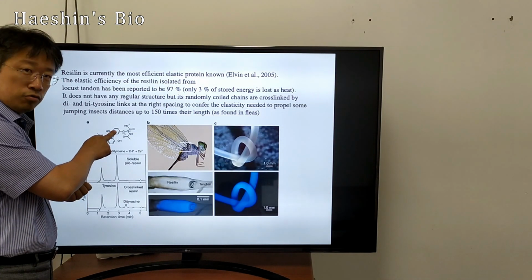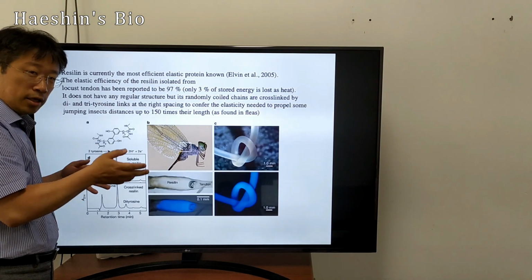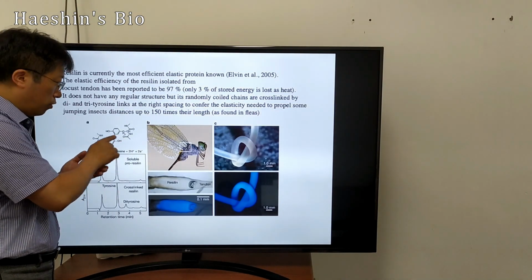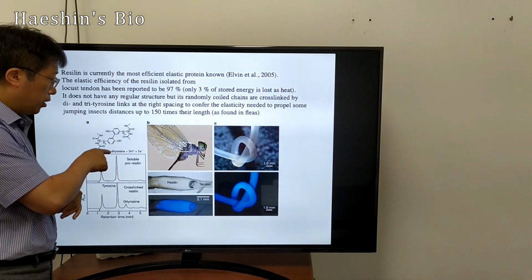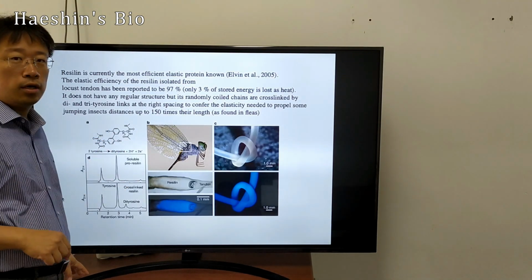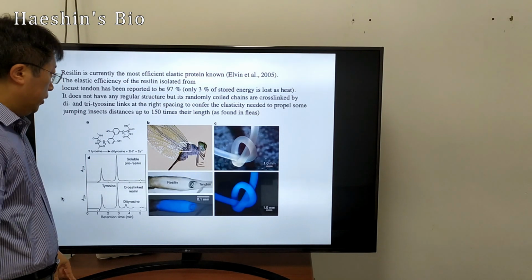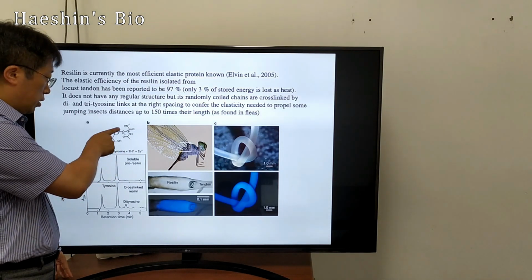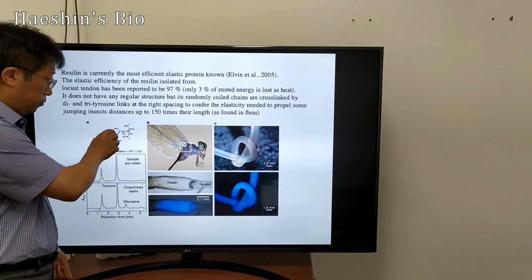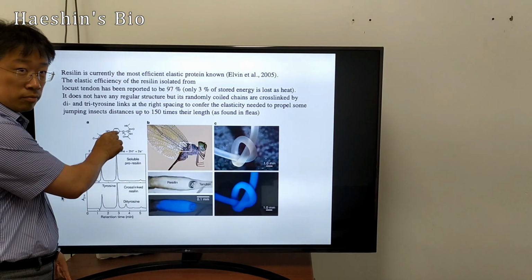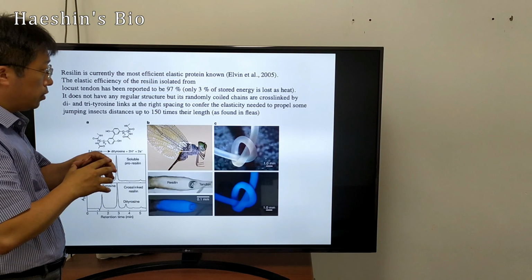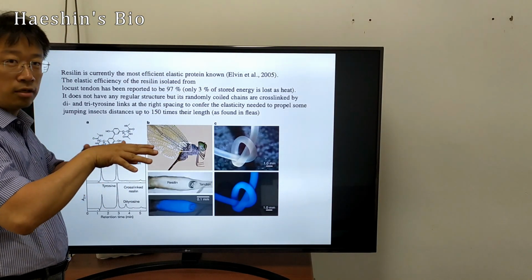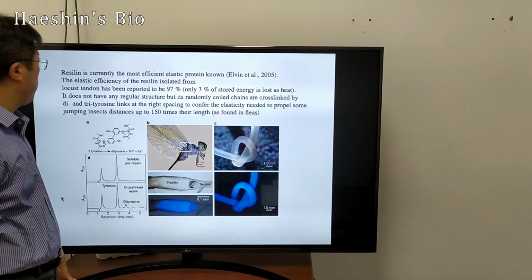The reactive quinones then bond together, recovering electrons from the neighboring phenols, and they form the covalent bond. This cross-linking between the protein chains is very critical for maintaining the elastic properties of the protein.